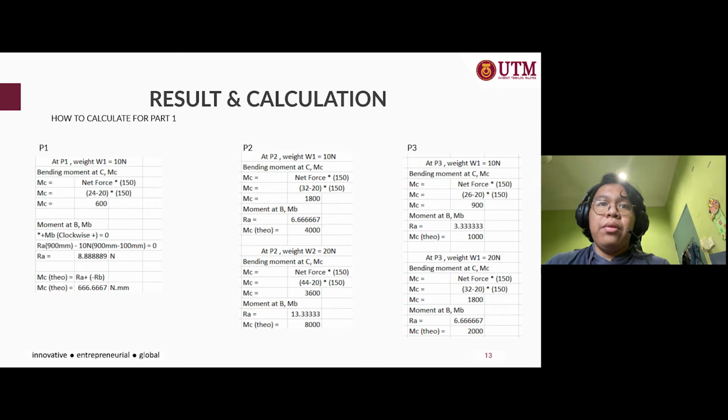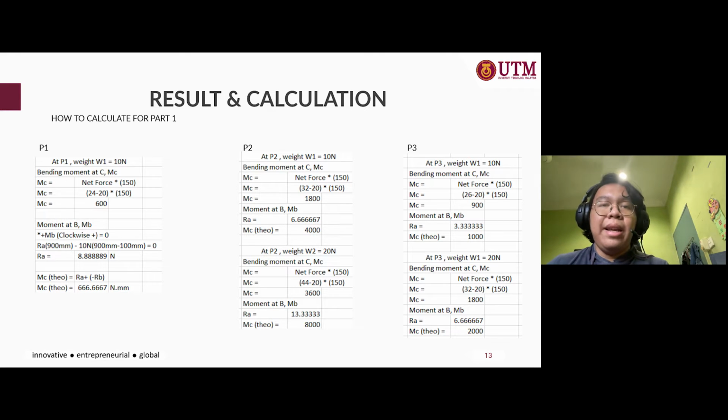RA is equals to 900, which from the picture we can see that from point A to B is 900 millimeters, and then minus, since this is going to be counterclockwise, it will be negative 10 times 900 minus 100, since the distance for P1 from point B is 900 minus 100.